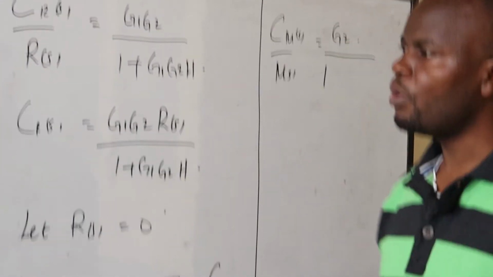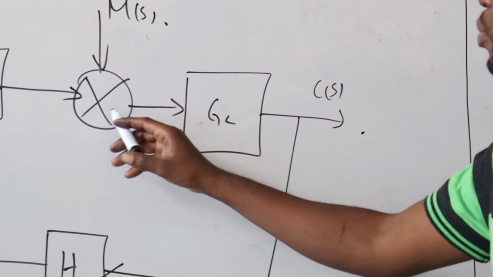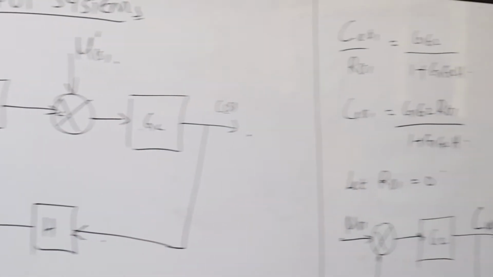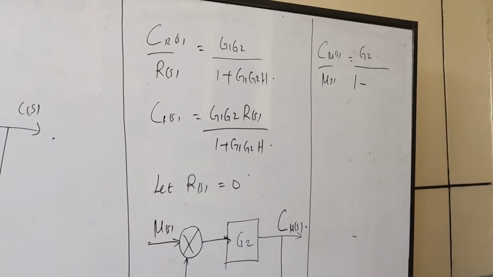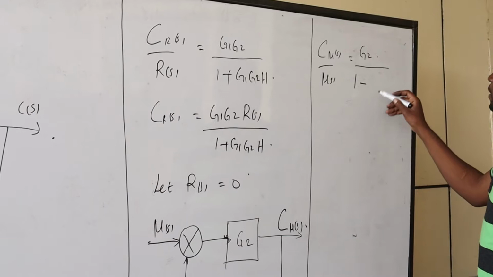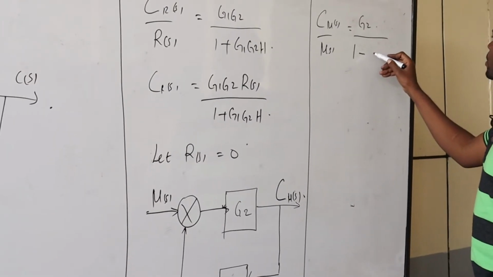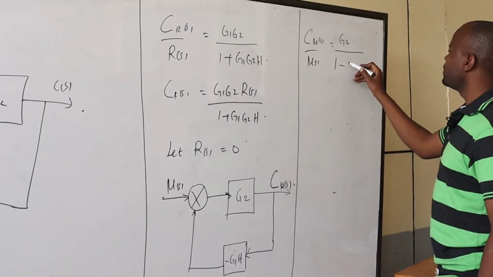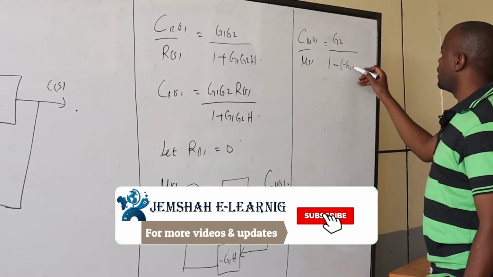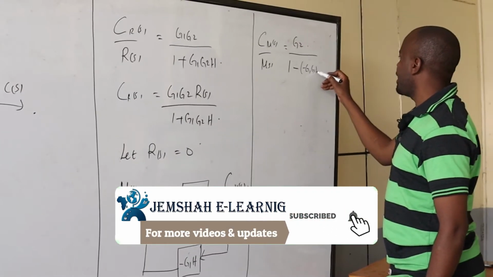And again, now considering this, the feedback will be positive. So we are going to have 1, and then there will be minus because the feedback is positive. But now, what will be our G? Our G will be minus into minus G1, G2H.